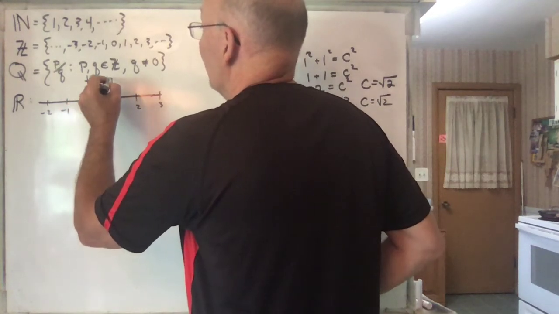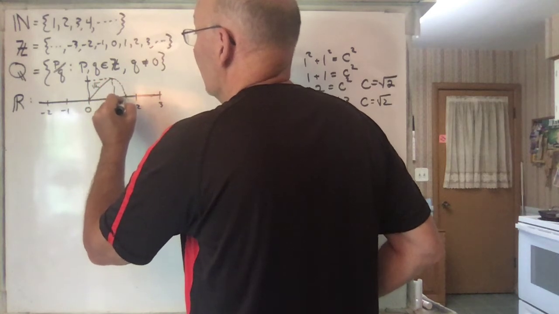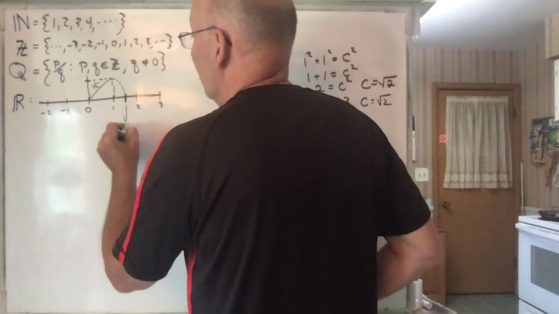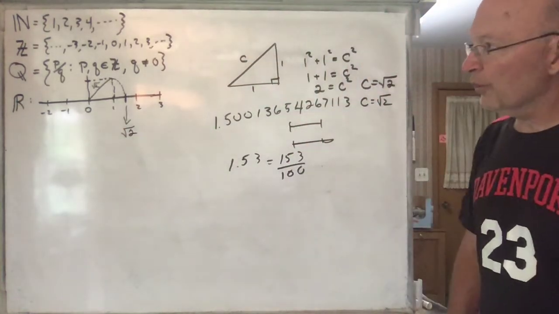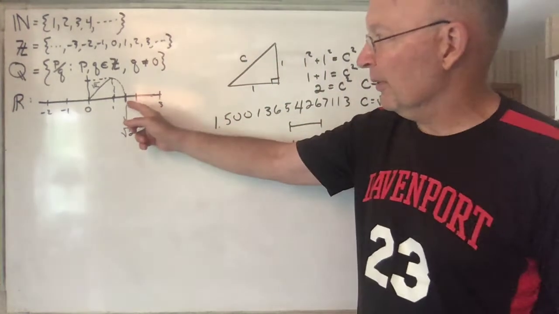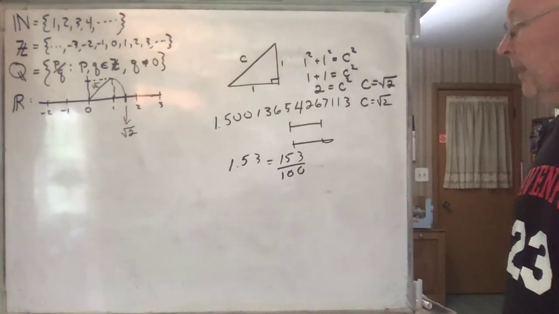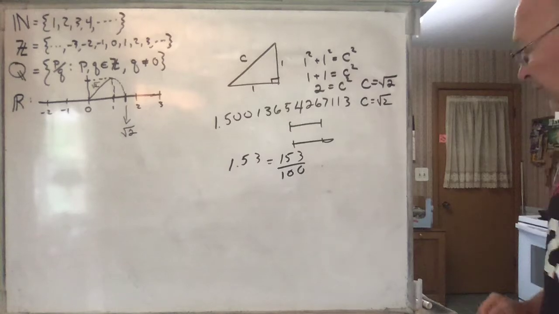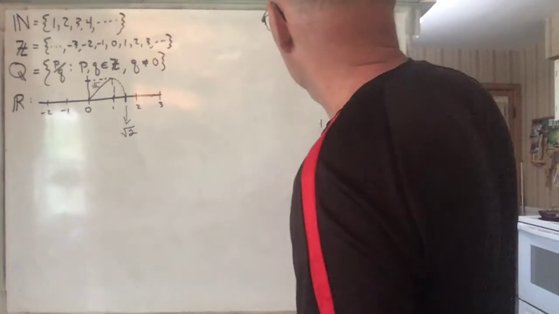And now that you have the square root of 2, you can come down and it hits the number line right there. So right there is the square root of 2. So the square root of 2 is on the number line. Okay? Everyone agreed? So that's not such a big deal. The Pythagoreans agreed, okay, the square root of 2 is on the number line.